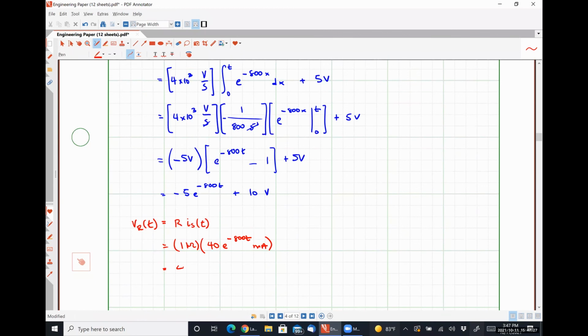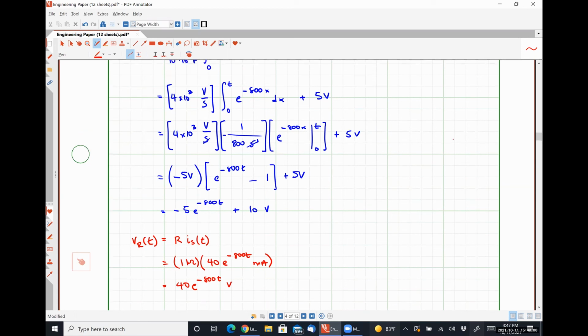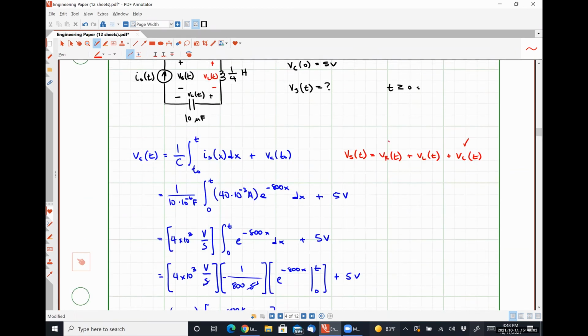Yep, 40e to the minus 800t volts. Okay. Anybody got any questions about that part? That is a kilo ohm. 1 kilo ohm being multiplied by milliamps gives us volts. All right. So I'm going to scroll up and put a checkbox by this one because we now know it.